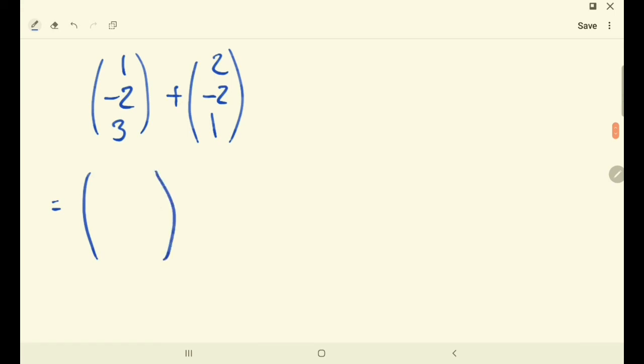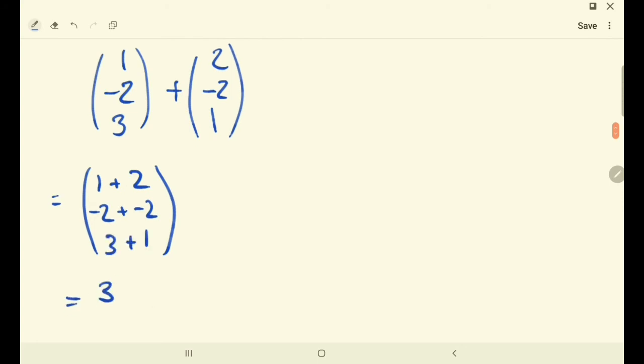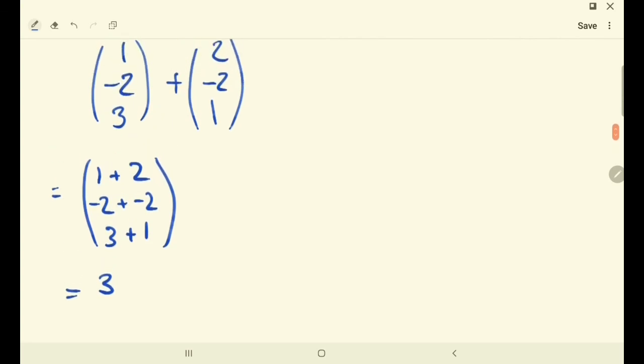But we just have to remember we've got 3 different little sums we're going to be doing at the end. So we've got 1 plus 2, minus 2 plus minus 2, and 3 plus 1. 1 plus 2 is 3, minus 2 plus minus 2, so that's going to be taking away. We're going to end up with minus 4. 3 plus 1 gives you 4.